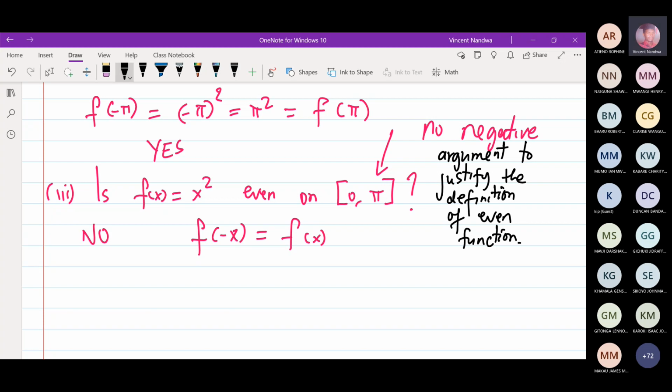So when they ask you to find the Fourier series of the function f of x equals x squared on the interval, say 0 to pi or say 0 to 2 pi, please, you don't start assuming that you are dealing with a cosine Fourier series because you know that x squared is always an even function. That's not true. So before you reach that conclusion, ensure that you have tested that the conditions for oddness or evenness are satisfied within that given interval of definition.